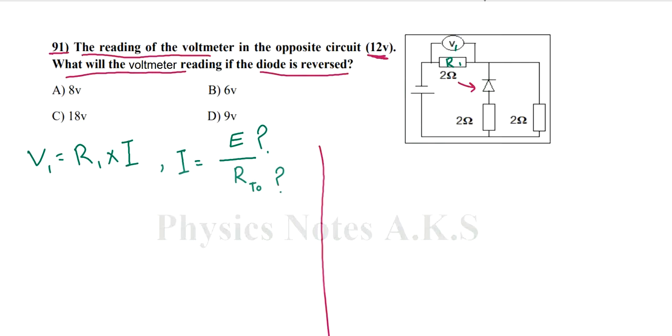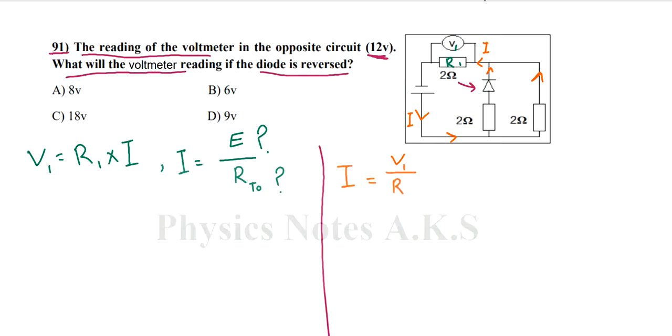How to find the current? Notice the current goes from the positive side of the circuit, from here. It goes through the two parts, here and here. Again, all the current will go into R1. So I can say that the current is V1, the reading of the voltmeter, divided by R1.